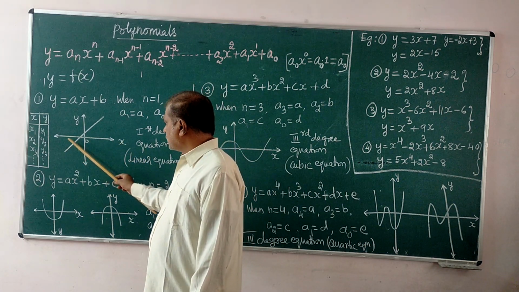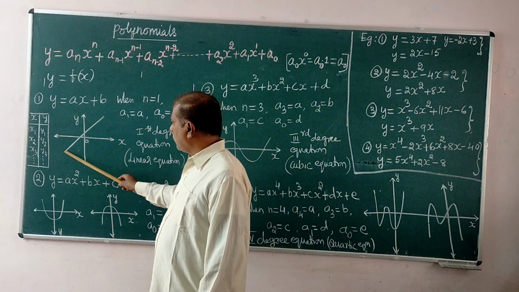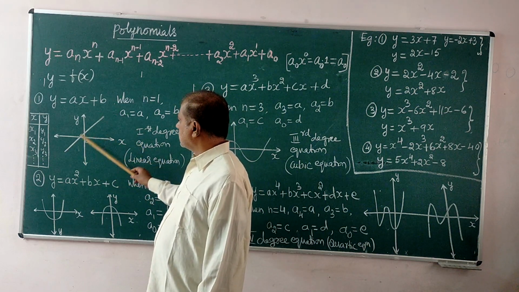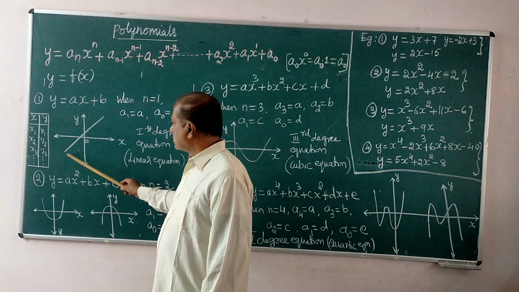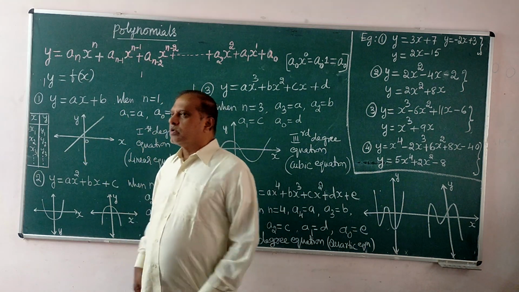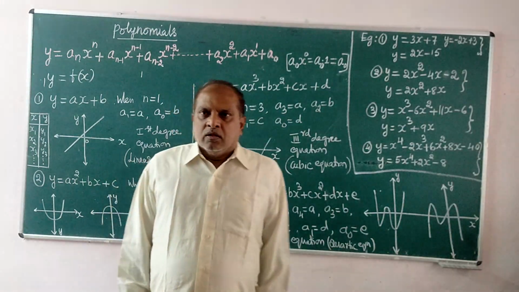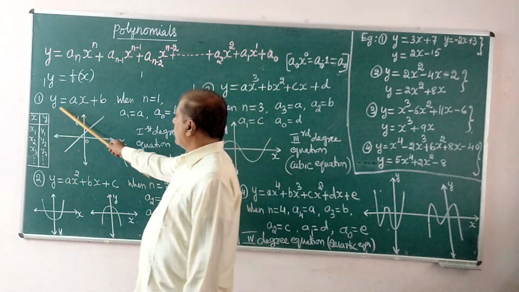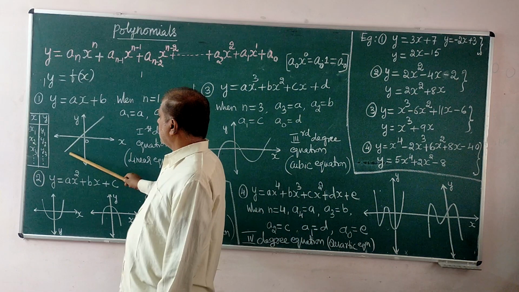As the value of x increases, value of y increases like this, linearly, in straight line. It is called linear relationship. The relationship between x and y is linear or straight line.